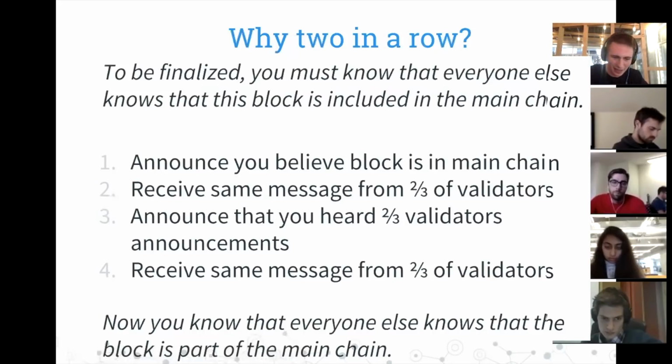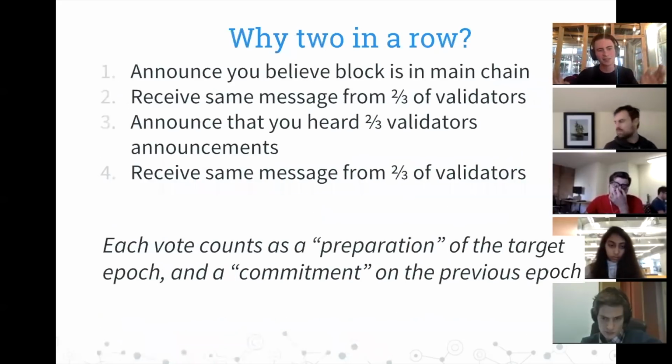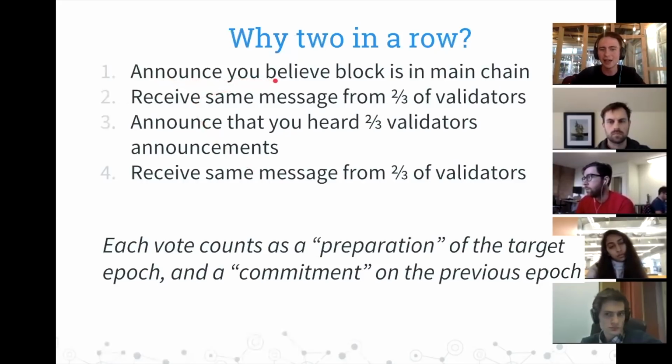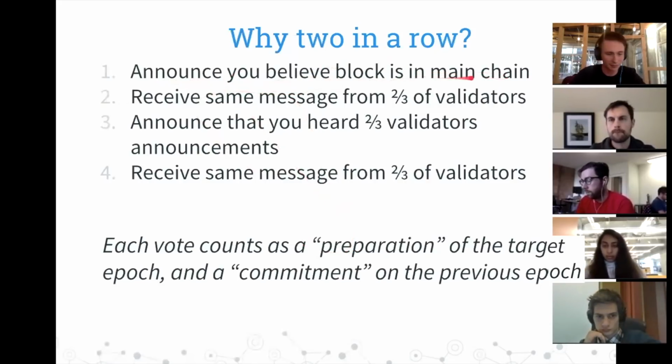So now, why 2 in a row? Well, if you've seen the prepare-commit scheme, then you can think of each vote as counting as a preparation for the target epoch and a commitment on the previous epoch. Basically, it's announcing that you believe this block is in the main chain, a preparation, that's what I'm calling it, for the target epoch.